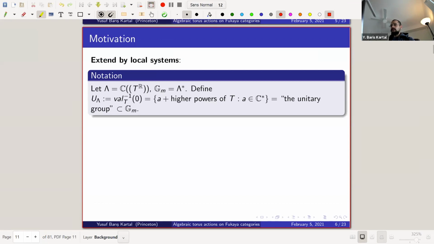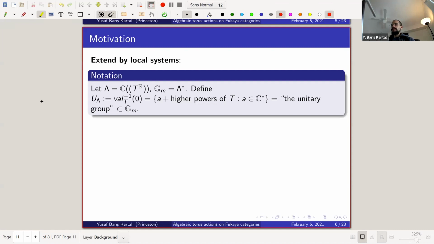Let's see. So I will keep introducing the setup slowly. So let's extend this by local systems. I care a lot less about the local systems here, but it's going to be more convenient to extend this using unitary local systems. So throughout the talk, lambda will denote the Novikov field with coefficients in C and with exponents in R. And I will use the notation G_m to mean the multiplicative group, in other words, it's lambda star.